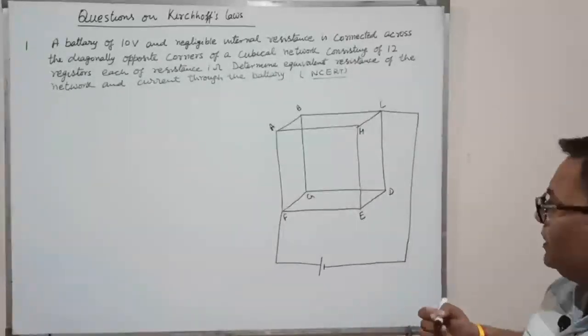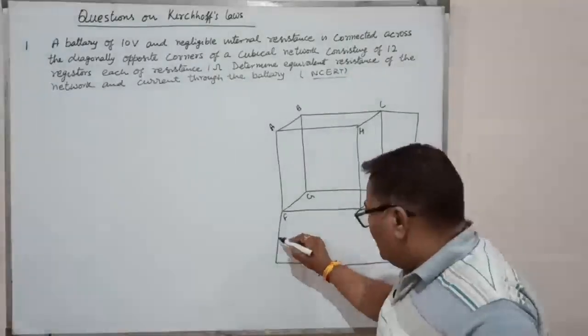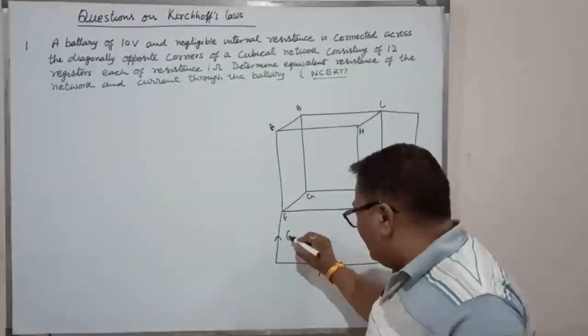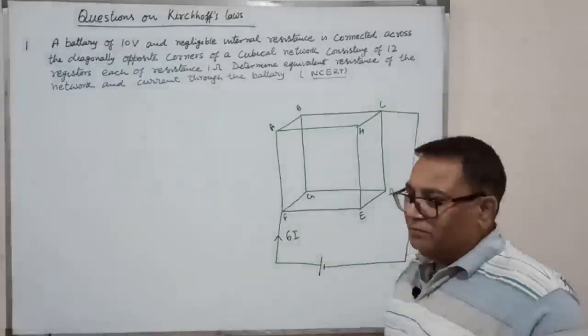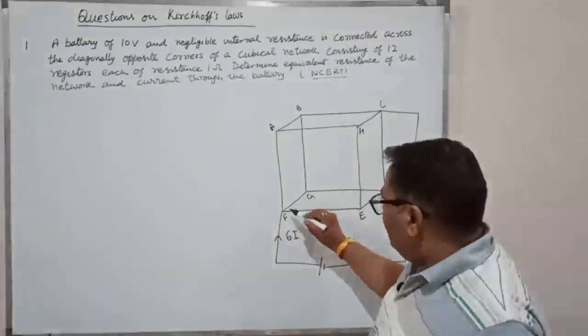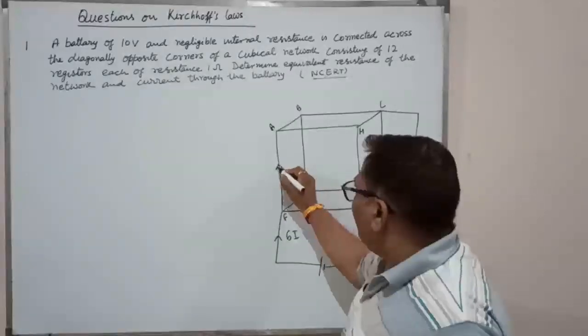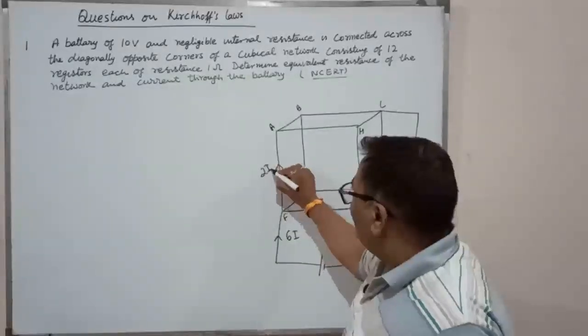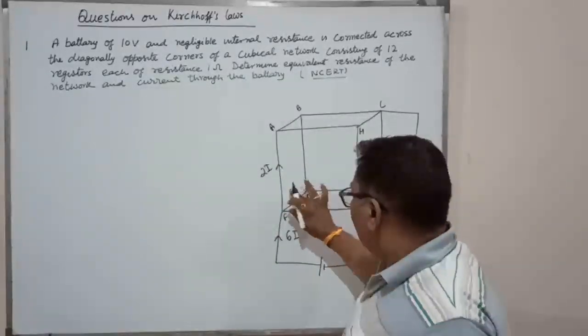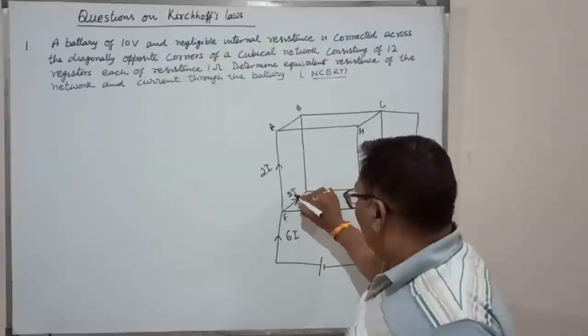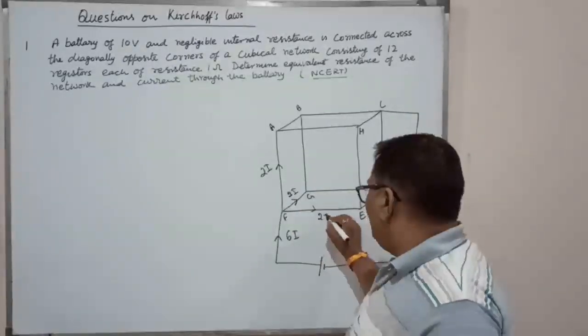Let the total current be 6I. Then on this side and this side the current is equal, 2I and 2I.